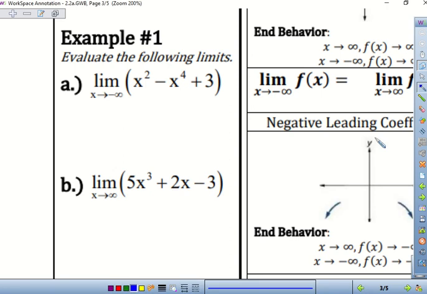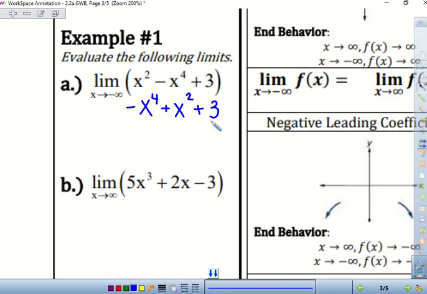So first thing we want to look at is this polynomial that we're taking the limit of in standard form? No, because it's not in descending degree order, right? So what do I need to rearrange to get this into standard form? Good, this has to be up front, and whatever coefficient it has, it's going to maintain, like this. So now we can determine our leading term.